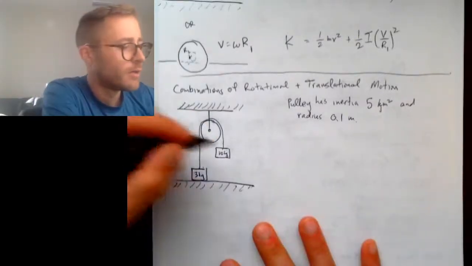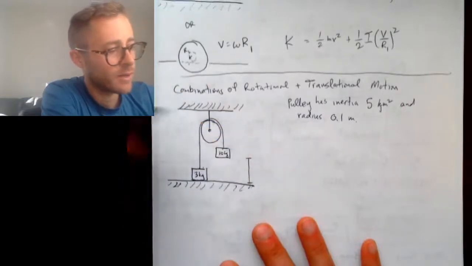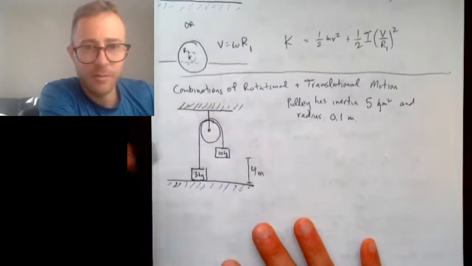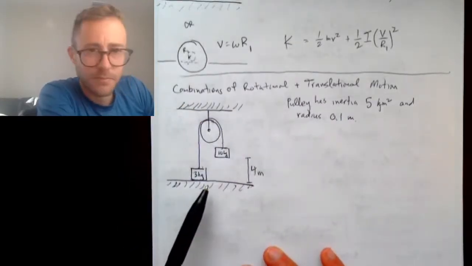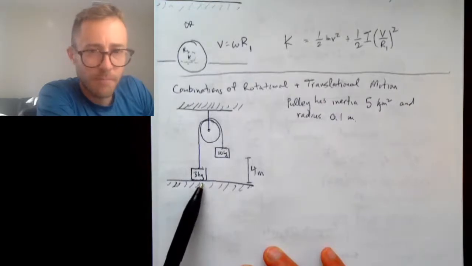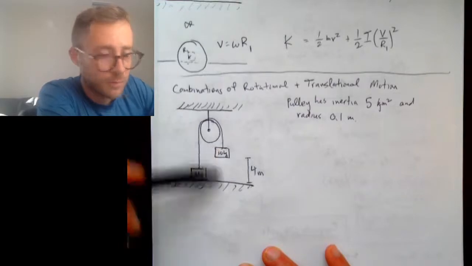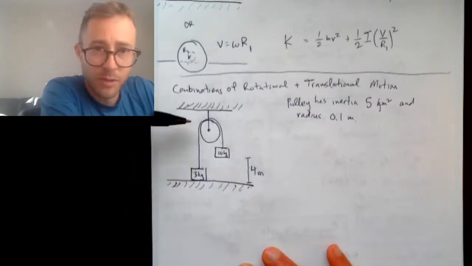This 10 kilogram mass right here is, we will say, 4 meters above the ground. Now obviously the 10 kilogram mass is going to fall, and as it falls, it's going to pull up the 3 kilogram mass.